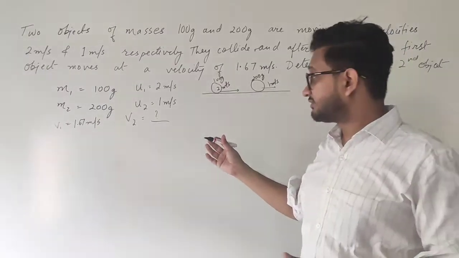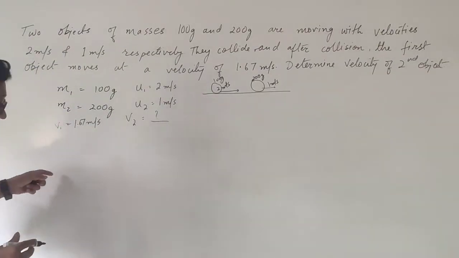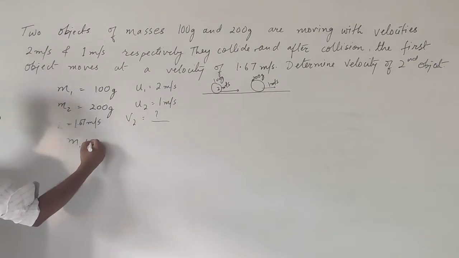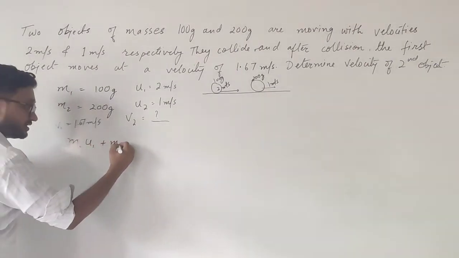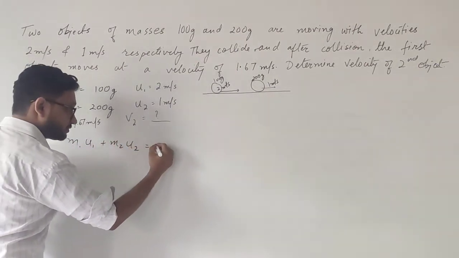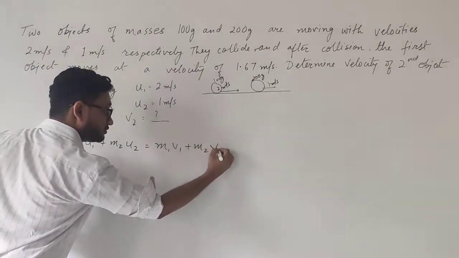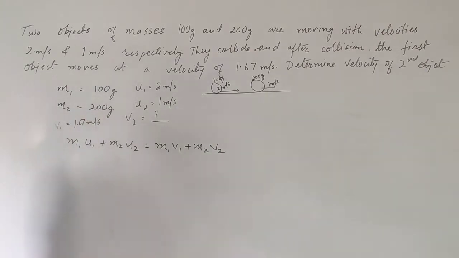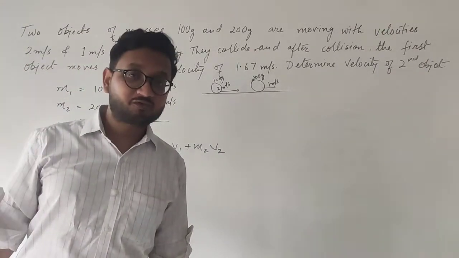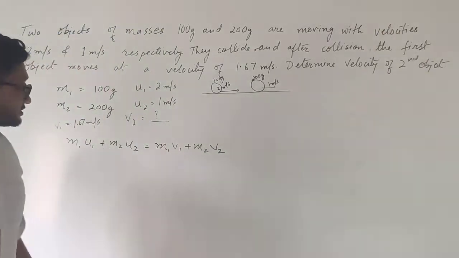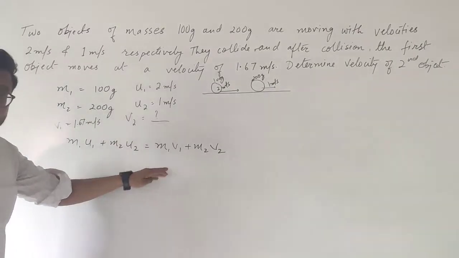Similarly, the same formula we will use, which is like this: M1 U1 plus M2 U2 is equal to M1 V1 plus M2 V2, because we know the initial and the final momentum of the object does not change. So we need to solve this one.